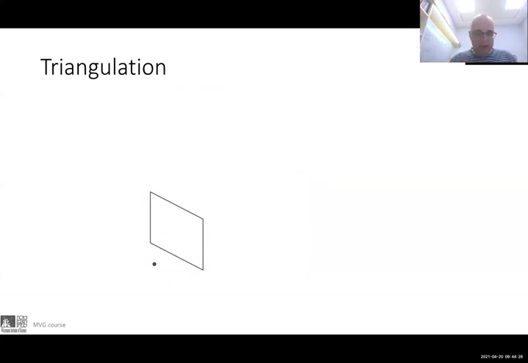Okay, I'm going to make a detour and tell you a little bit about triangulation. I'm not sure why it's in this class, but it relates to material you learned in the previous class. And then we'll return to the panoramas. Okay, so consider the following situation.